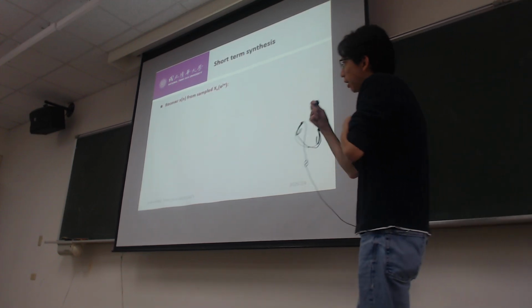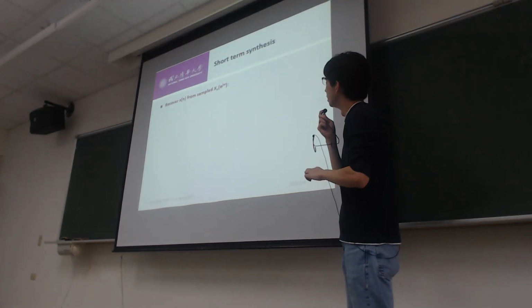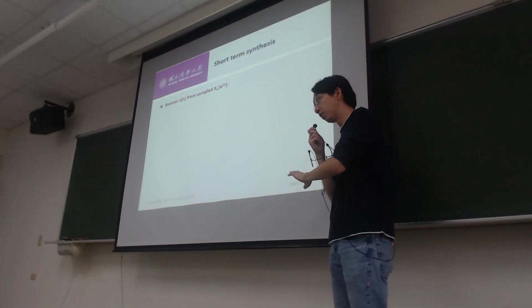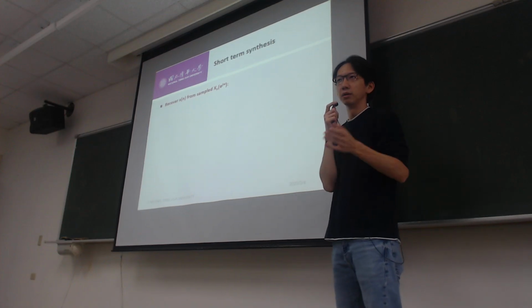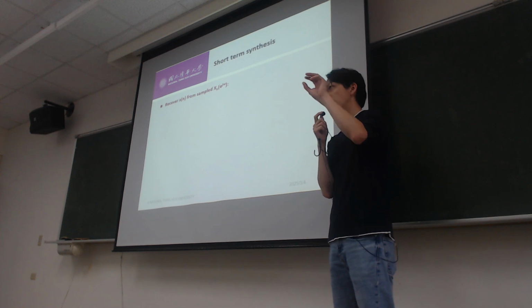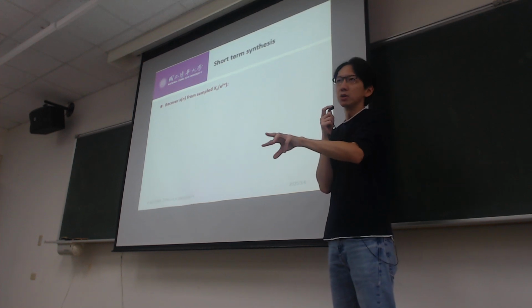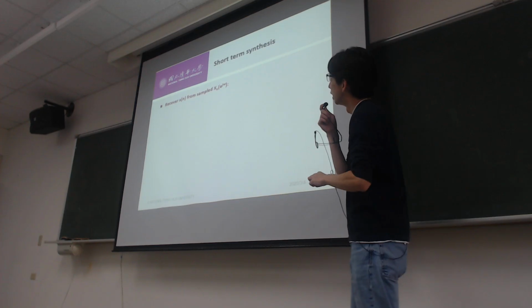Okay, let me move on. In terms of short time synthesis, I'll go through this part a little bit quicker. It is not as important, but you might still want to know a little bit about it. When we do the forward step, taking the short segment and then doing the Fourier transform, once we have the Fourier transform, how do we come back to the original signal? That's called short time synthesis.